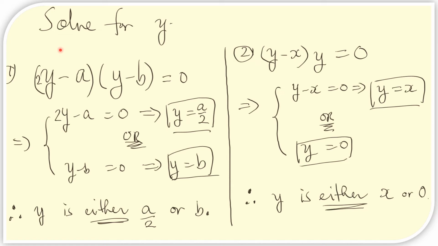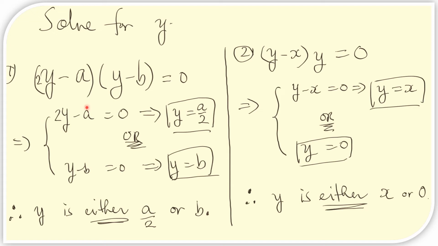Let us do a few more examples. Here we will solve for y. For the first example, we have 2y minus a times y minus b equals 0. Again, the solution for this is such that this equals 0 or this equals 0.